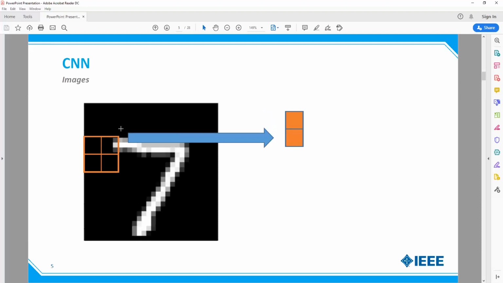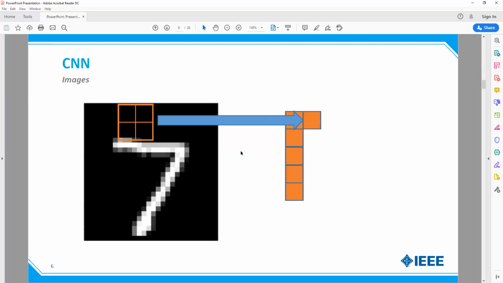What CNN does afterwards is it slides over to the next location. In this case, the stride is 2, so it moves 2 pixels down and performs the same convolution operation, pairwise multiplication and summation of the results, generating the unit value.